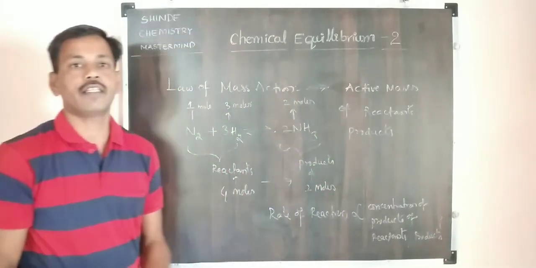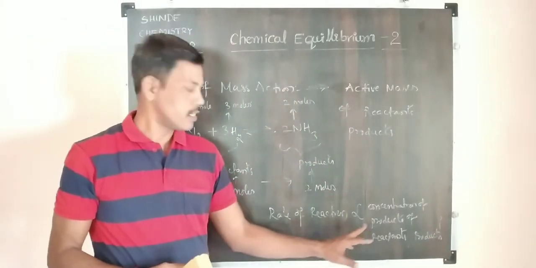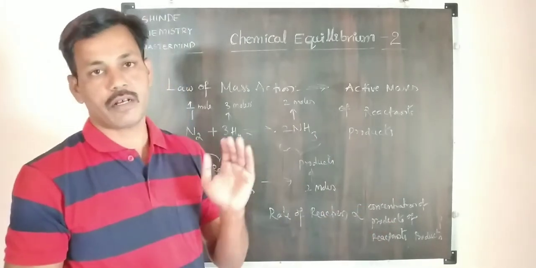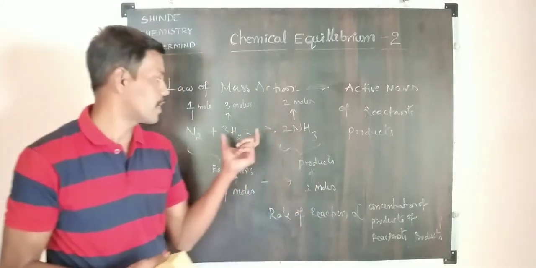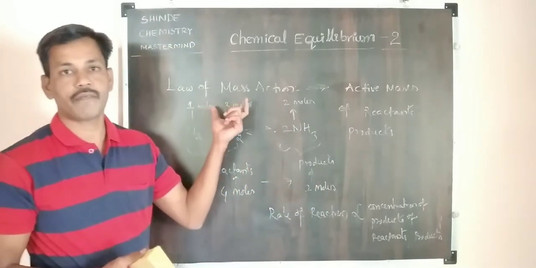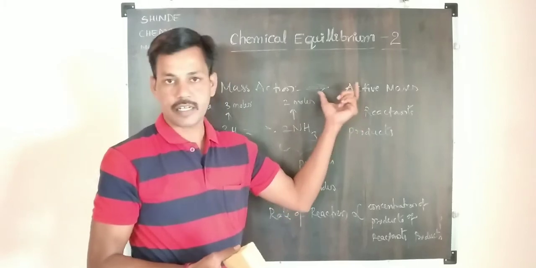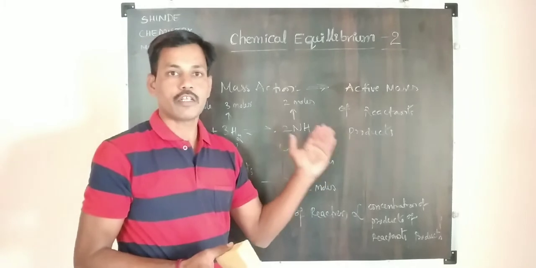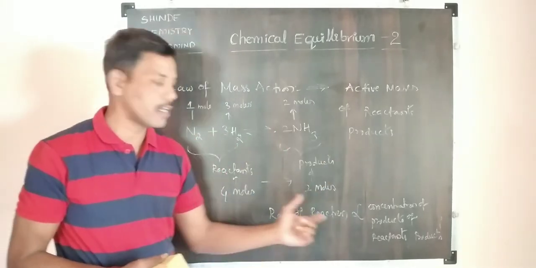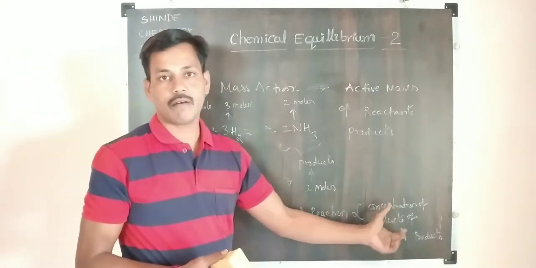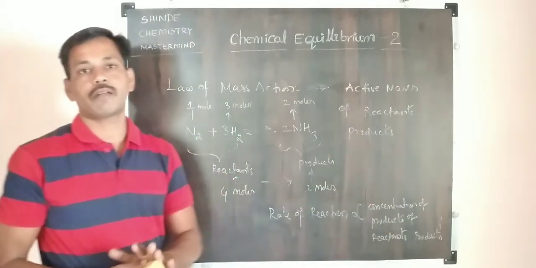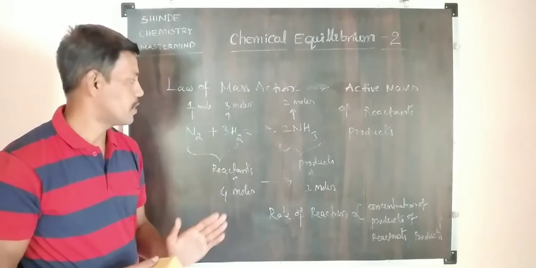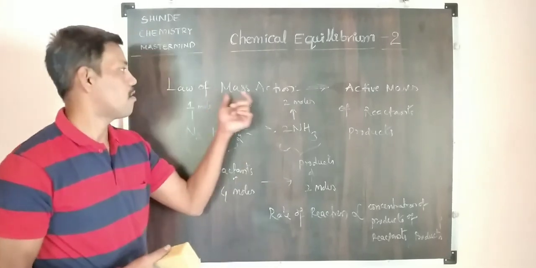The rate of reaction is directly proportional to the product of active masses of reactants. In the forward reaction, the active masses of reactants are considered. In the backward reaction, the active masses of products are considered. So the rate of reaction is directly proportional to the active masses of reactants as well as the active masses of products. This law at a given temperature is the law of mass action.